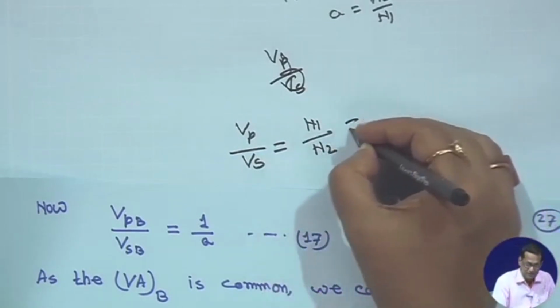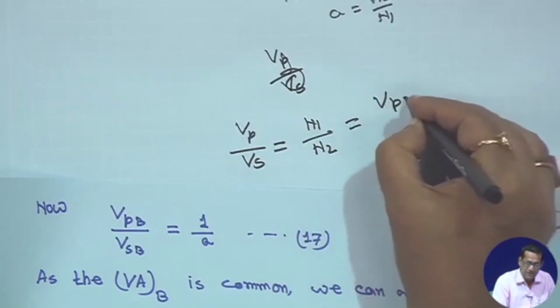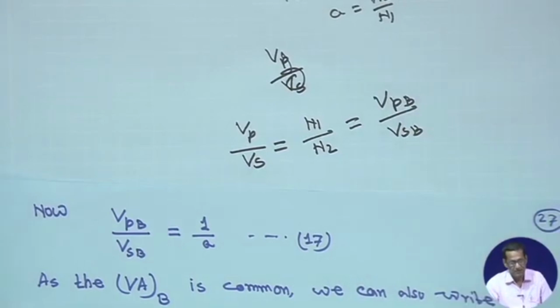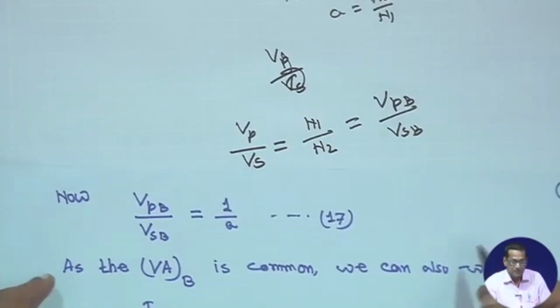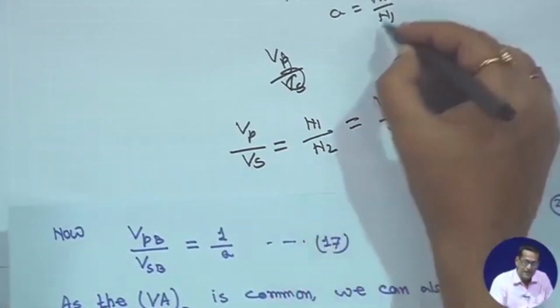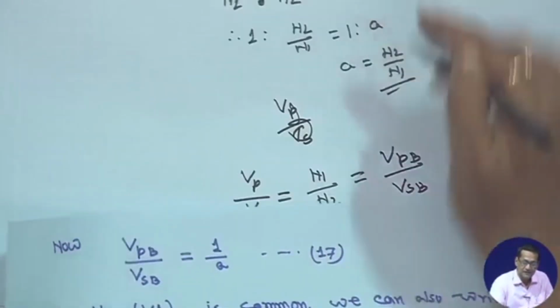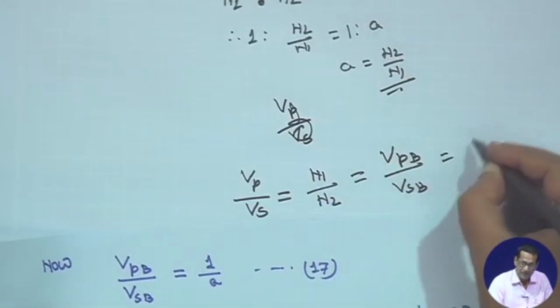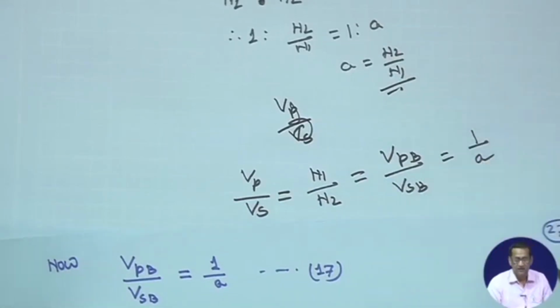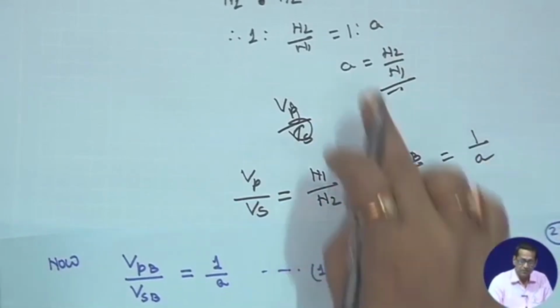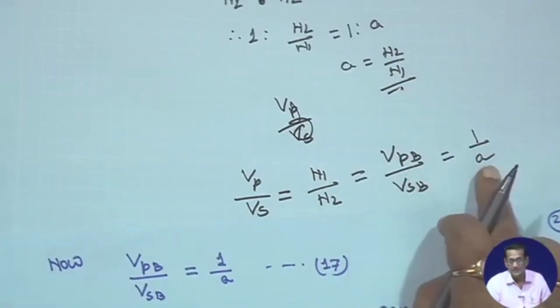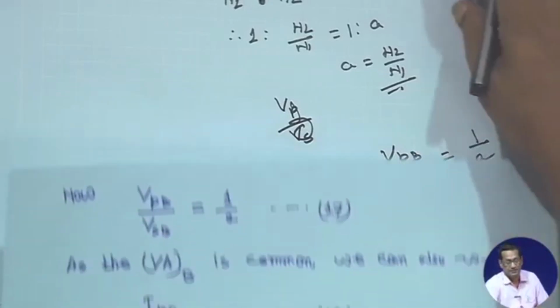This one also can be written as VPB upon VSB. That is why we are writing this. And we have seen that A is equal to N2 upon N1, that is why this one is actually 1/A, because it is N1 upon N2, but A is equal to N2 upon N1. So, that means VPB upon VSB is equal to 1/A.